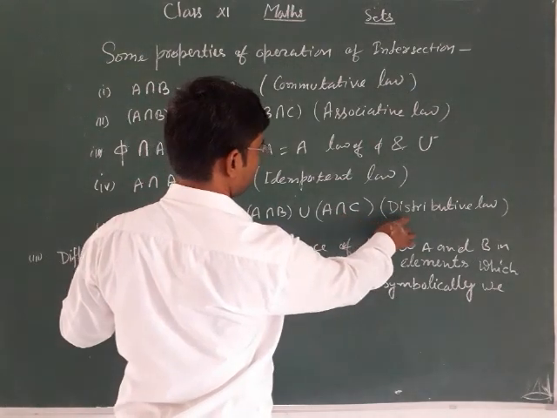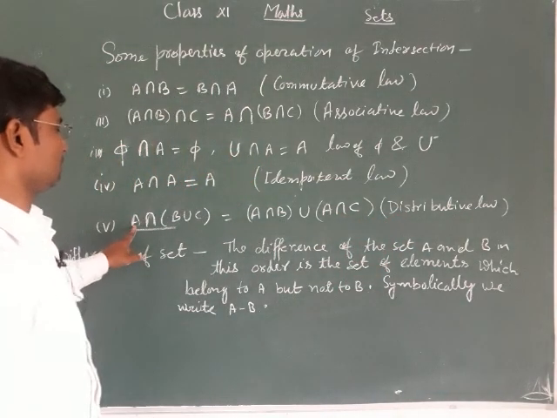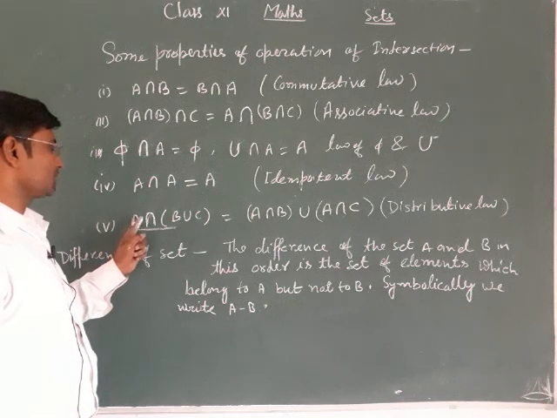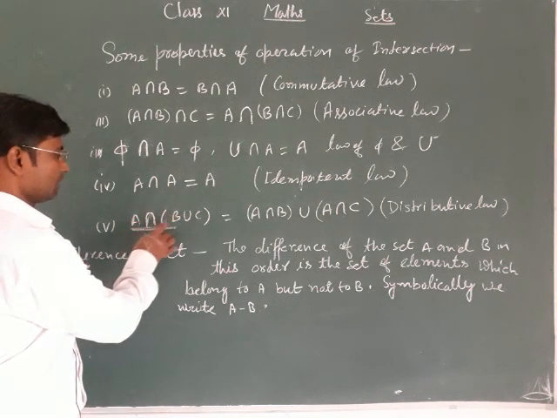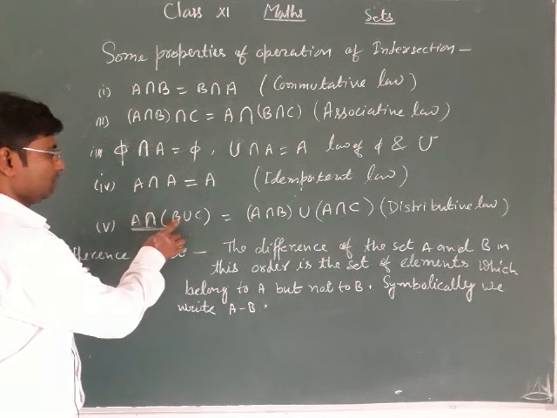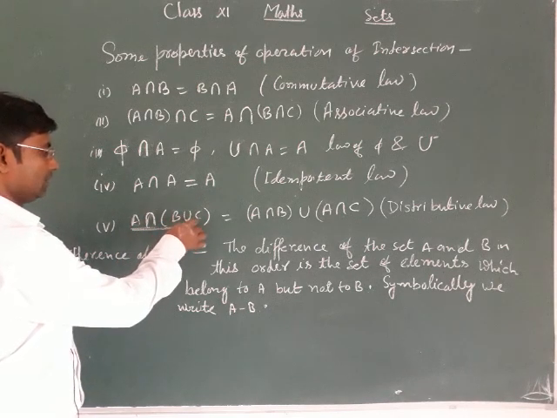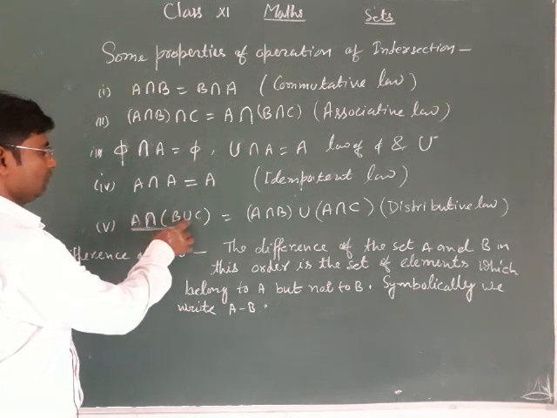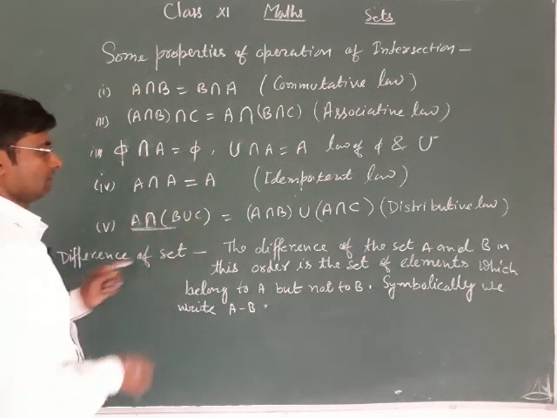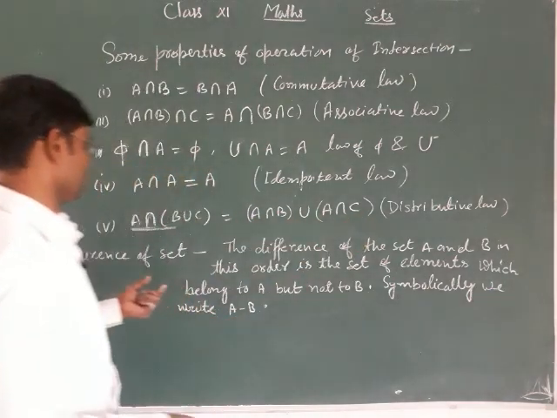This is the distributive law. A intersection, this is taken as B and this is taken as C: (A intersection B) union (A intersection C). This is the distributive law.